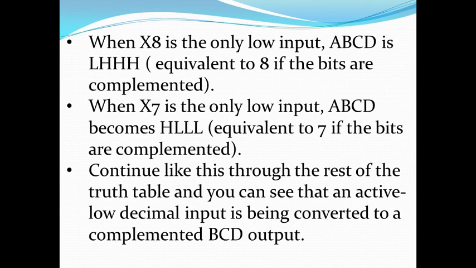When X7 is the only low input, ABCD becomes H, L, L, L, equivalent to 7 if the bits are complemented. Continue like this through the rest of the truth table, and you can see that the active low decimal input is being converted to complemented BCD output.